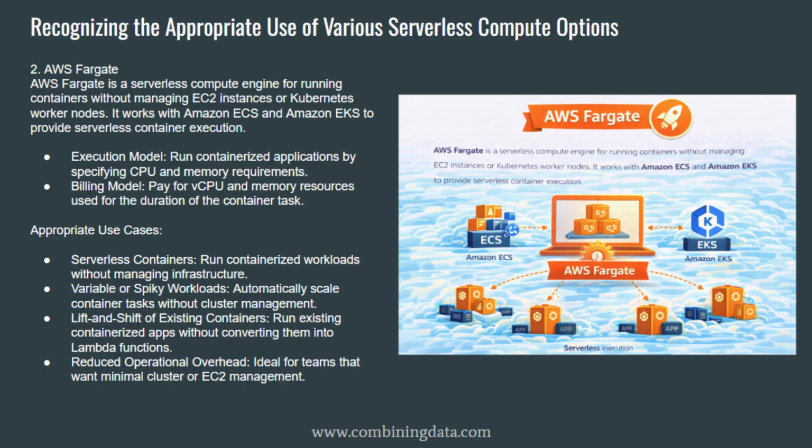Common Fargate use cases: running microservices in containers, processing batch jobs that take minutes or hours, lifting and shifting existing containerized applications, running APIs that require full control over the runtime, workloads with variable or spiky demand. Exam tip: if the question mentions containers, ECS, EKS, or no EC2 management, think Fargate, not Lambda.